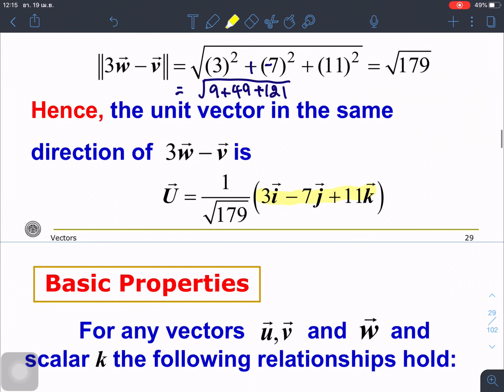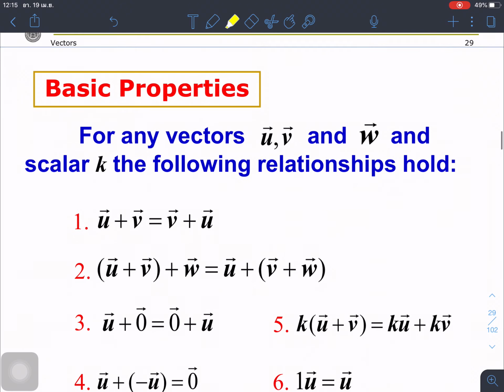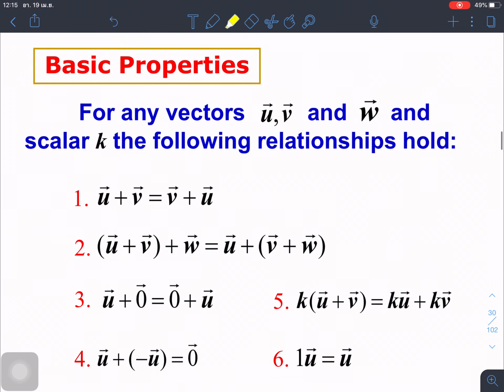Okay, all right, let me finish this up by talking about the basic properties of vectors. If you are given 3 original vectors with the scalar, this is the algebra of vectors, and then I will finish this up, and I will leave the rest to the next video clip. All right, so the basic properties: you have the commutative property of addition.